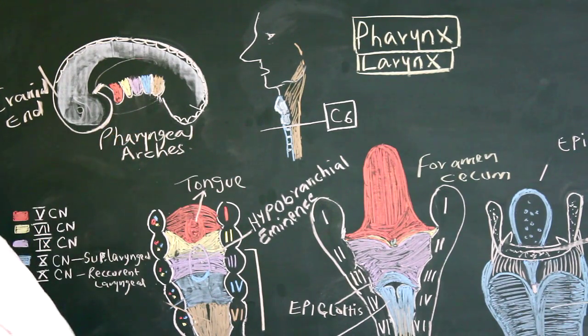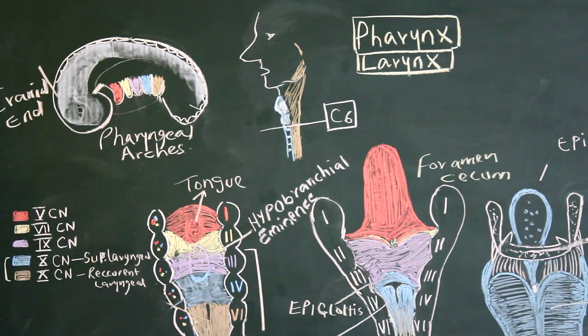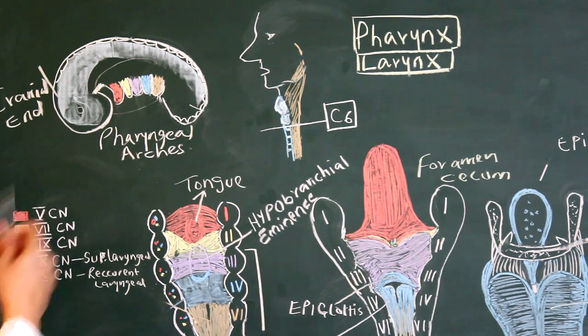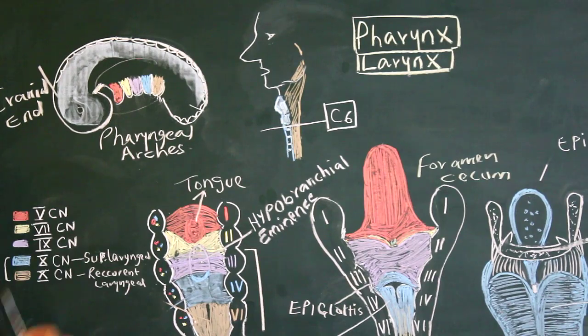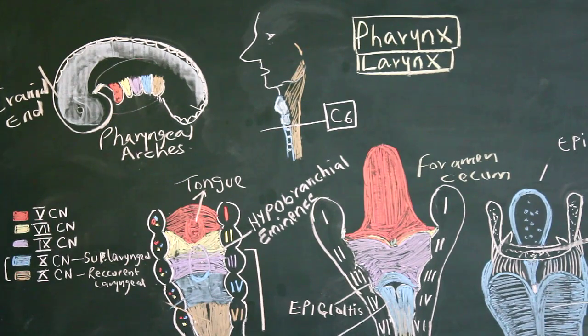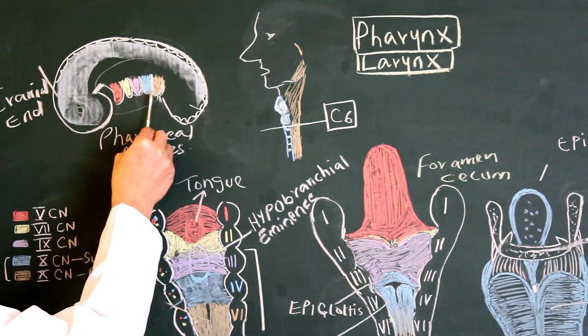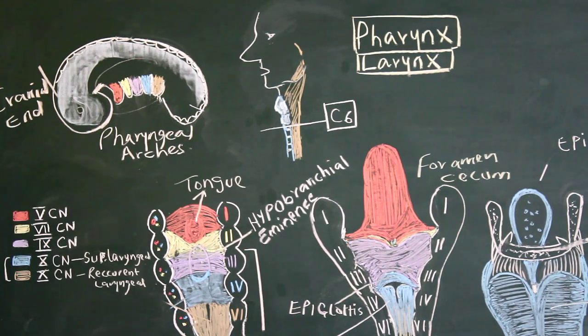So the nerve of the first arch will be the mandibular division of the trigeminal nerve, the 5th cranial nerve. The nerve of the second arch would be the 7th cranial nerve, facial. The nerve of the third arch would be the glossopharyngeal nerve, which is the 9th cranial nerve. While the nerve of the 4th and 6th arches is the 10th cranial nerve.